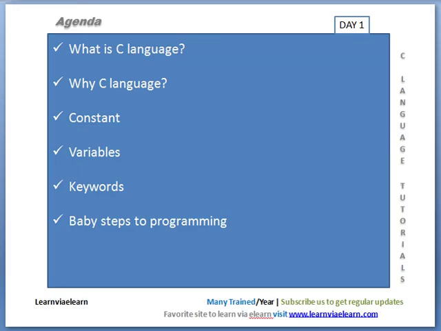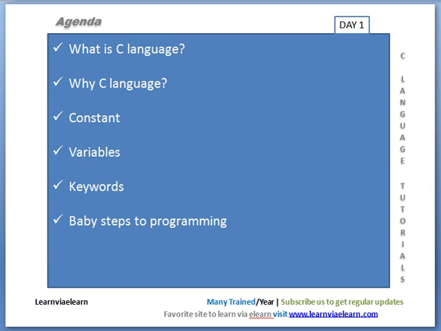Okay, now come to keywords. What is a keyword? Keywords are words whose meanings have already been explained to the C compiler. A keyword cannot be used as a variable name, because if we do so, we are trying to assign a new meaning to the keyword, which is not allowed.